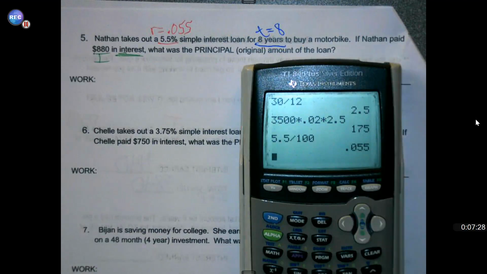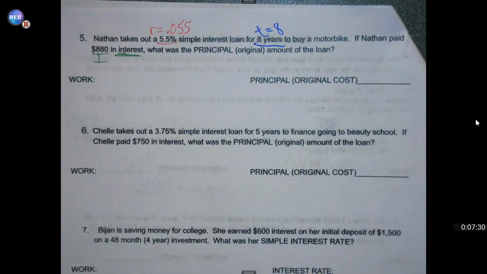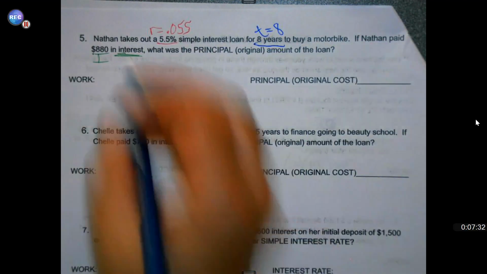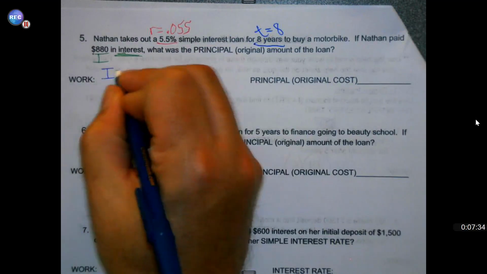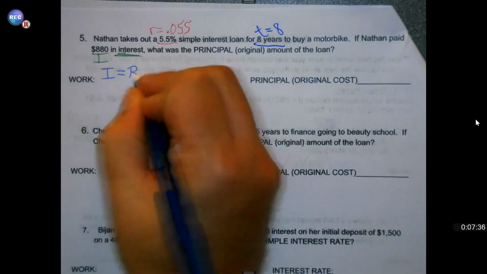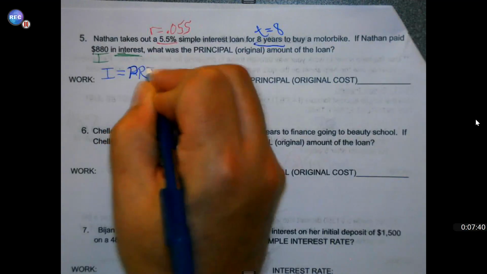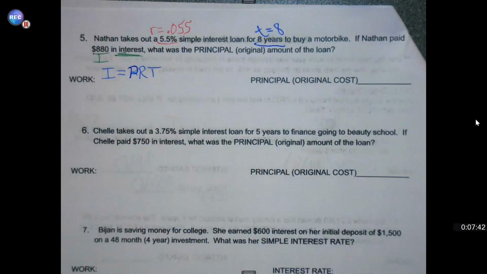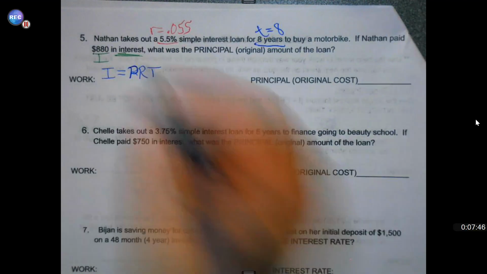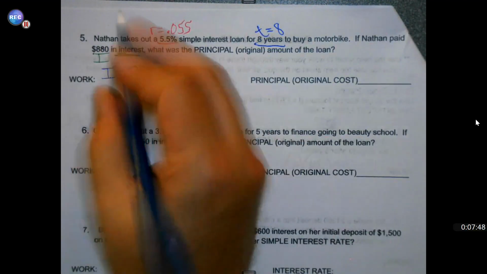Okay. We've got to do a little more algebra this time. So, interest equals principal times rate times time. Let's plug in the numbers that we have and see what happens. I have the interest.